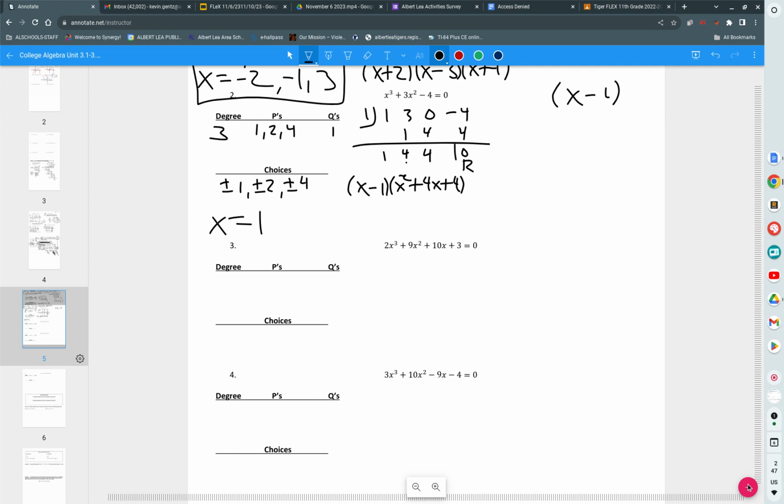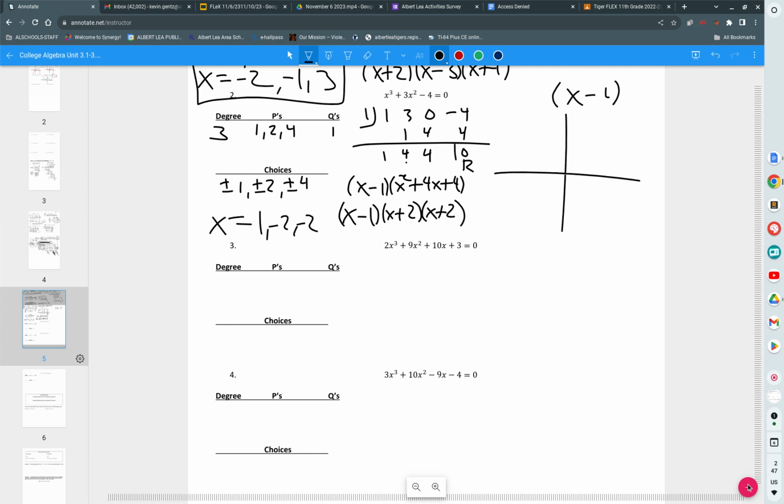Turns out that x cubed plus 3x squared minus 4, I didn't know it factors, but it does. It factors x minus 1 times x squared plus 4x plus 4. And then that factors to x plus 2 times x plus 2. So we have solutions of negative 2 and negative 2 with that.